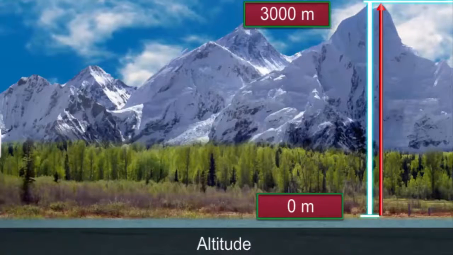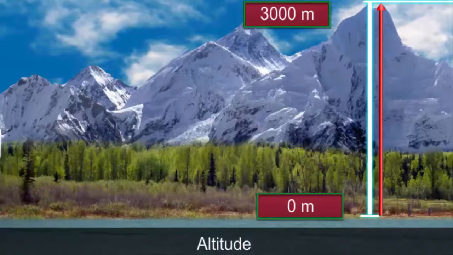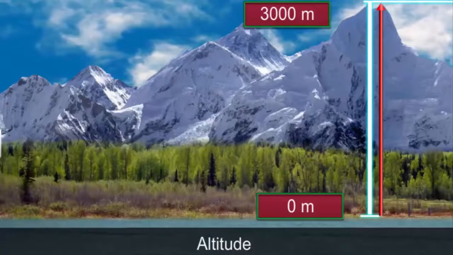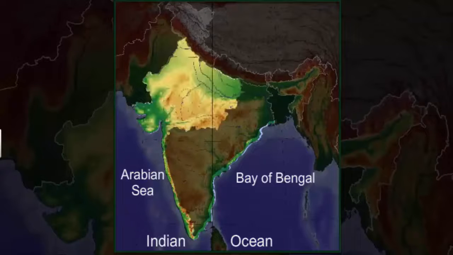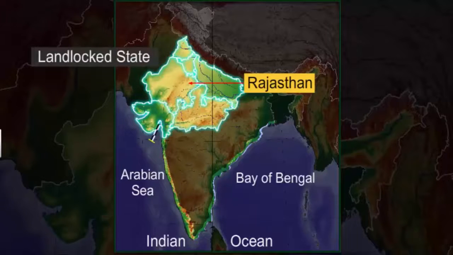Similarly, the altitude of a place also affects the pressure and wind system of a place. The distance of a place from the sea is another important factor that regulates the climate of a place.